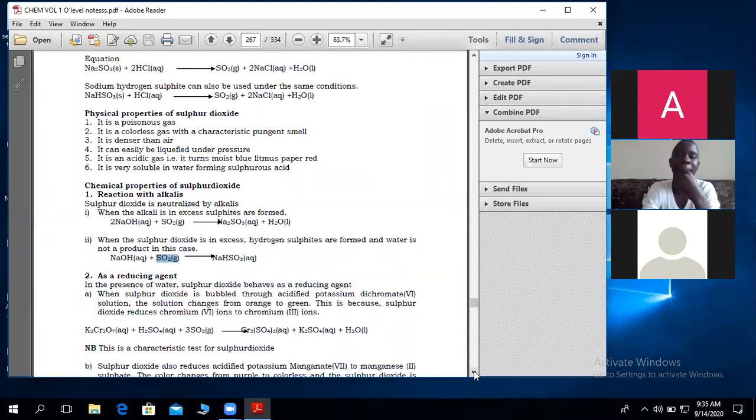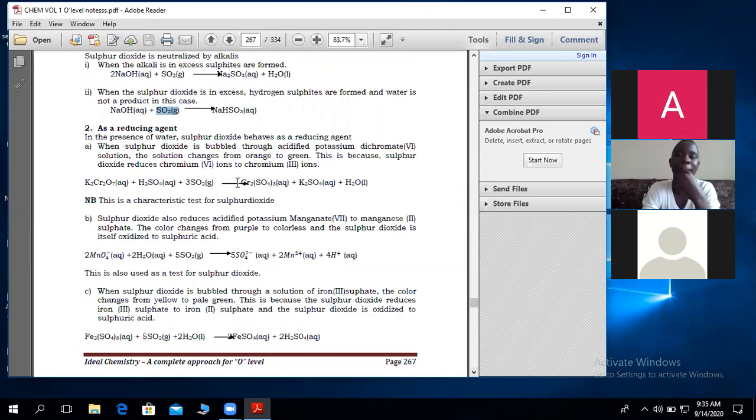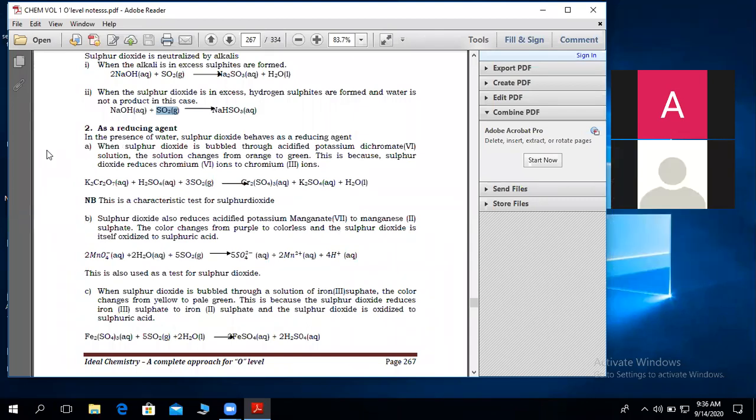I will end with the most important thing about sulfur dioxide. How do we test for sulfur dioxide in the laboratory? Every gas has its chemical test. The chemical test for sulfur dioxide in the laboratory is acidified potassium dichromate solution.